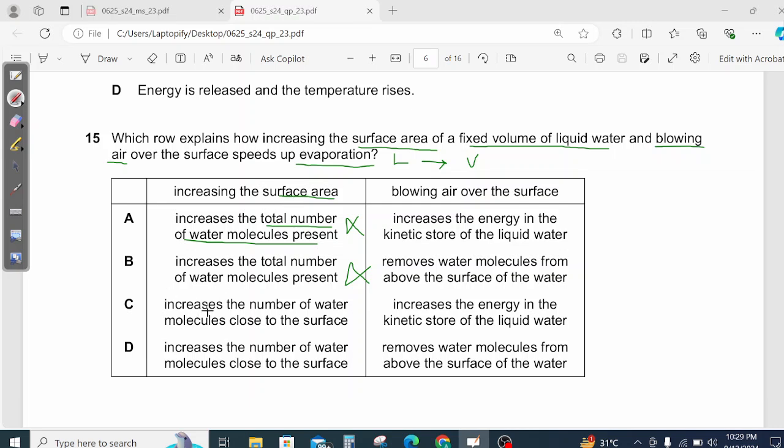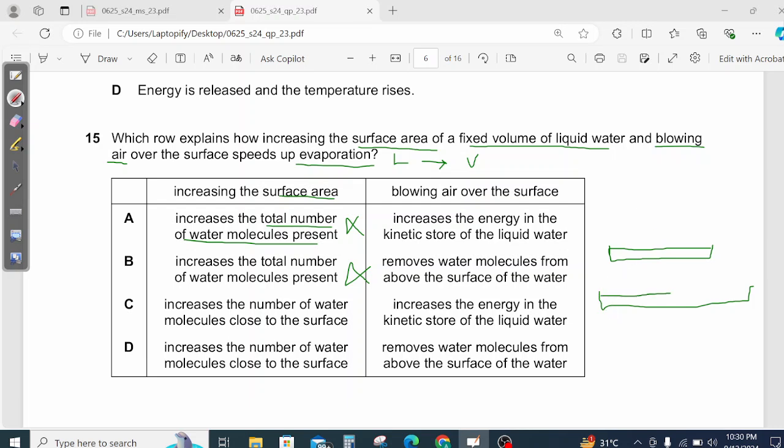By increasing the surface area, the number of water molecules close to the surface increases. Yes, this is a correct statement. The reason is that suppose this is your container, and this is the water level. But if we have a bigger container like this, another container, the surface area is larger than the first one.